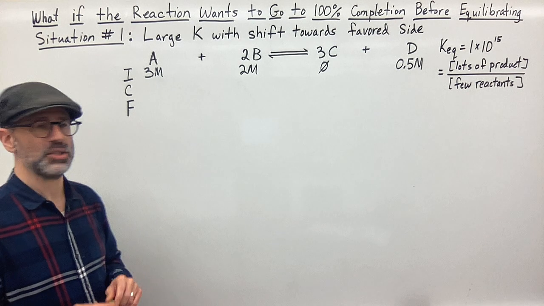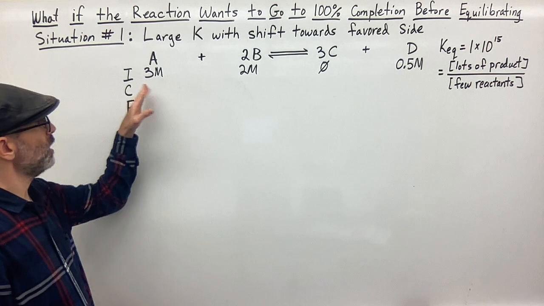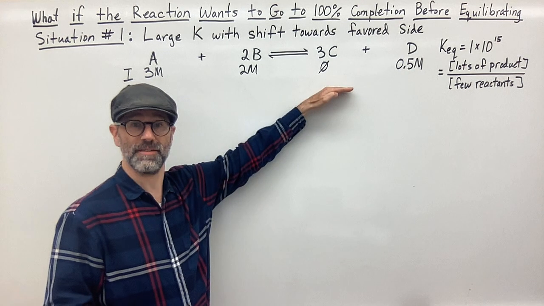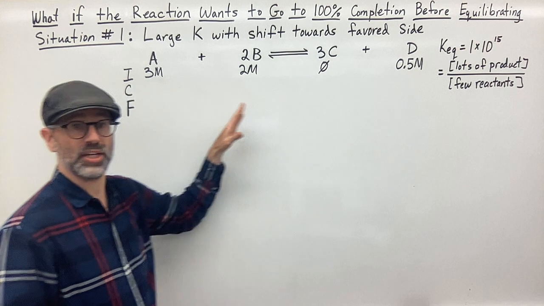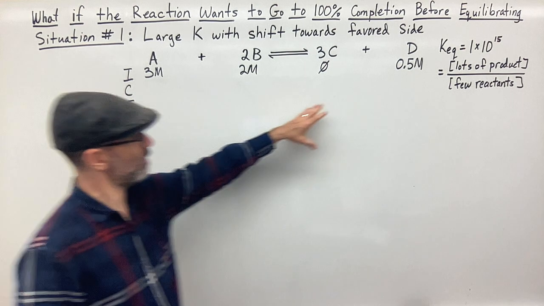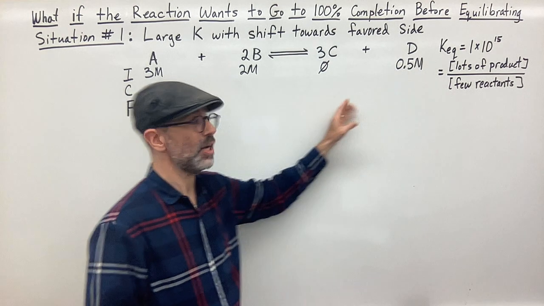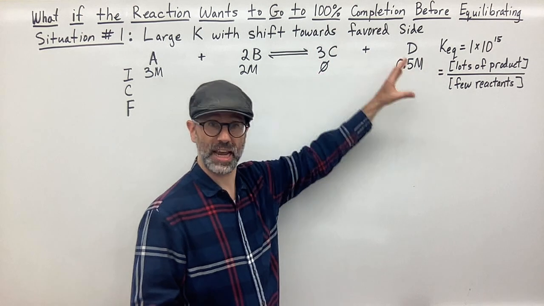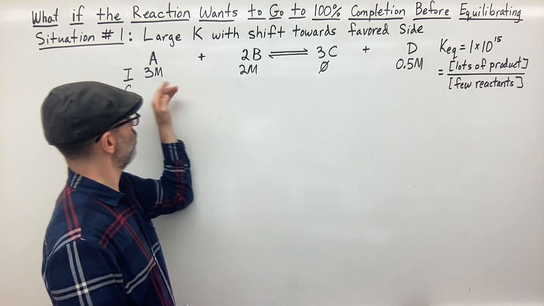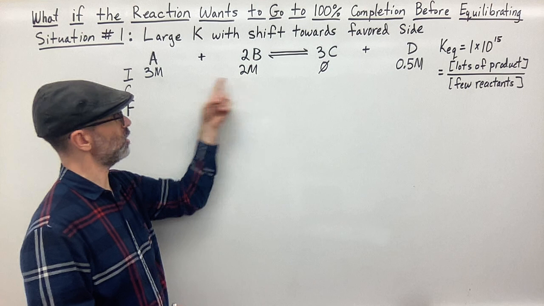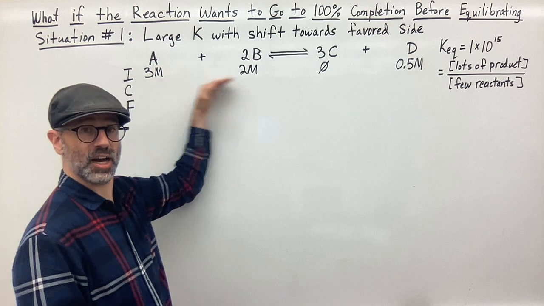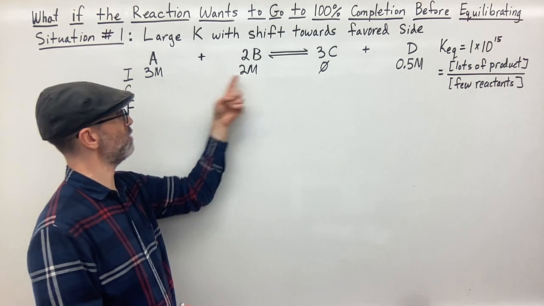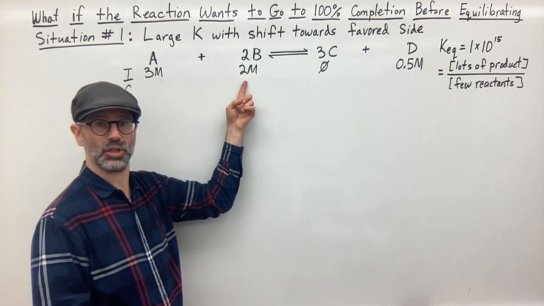Why do stoichiometry? Because we know it's shifting in this direction to the favored side, and because of the K value, this side is going to be overwhelmingly favored compared to this side. So almost all of this is going to become product, and we're going to end up with a very, very small amount of this at equilibrium.